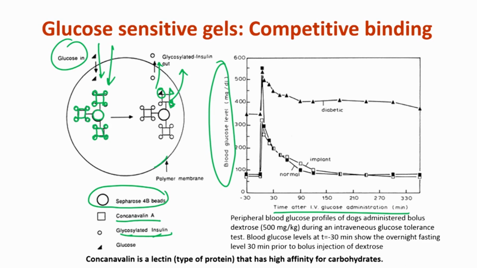What you see is that in diabetic animals, you see quite a high blood glucose level, but if you put an implant in, then you see that the glucose level comes down, thereby showing that this is a functional system.